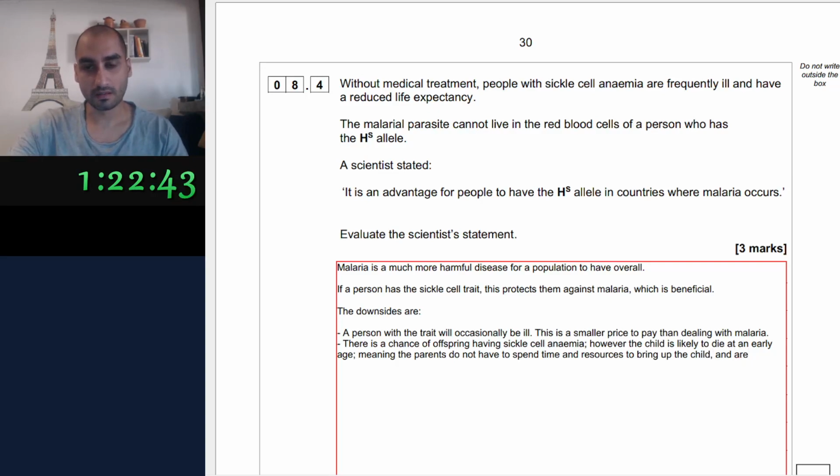And are able to try for another child and hope they don't have sickle cell anemia. That's how it works in these countries. Some of their children will die.